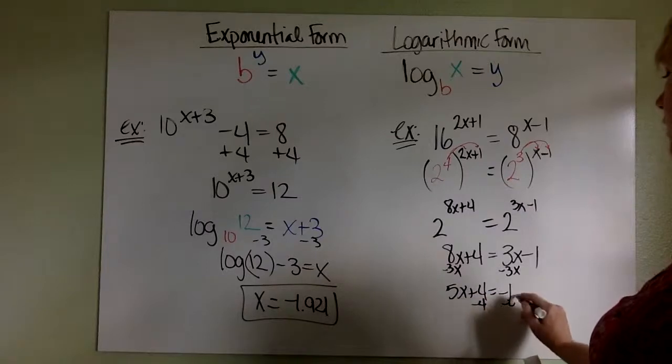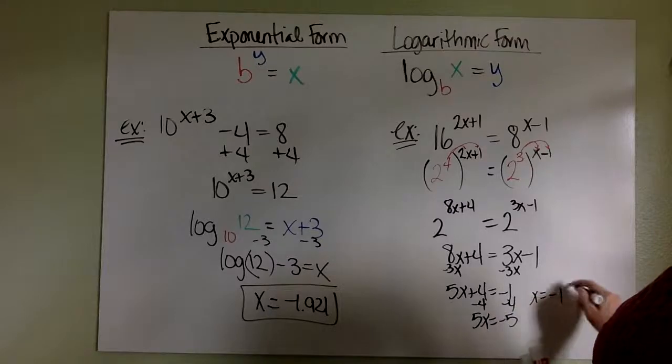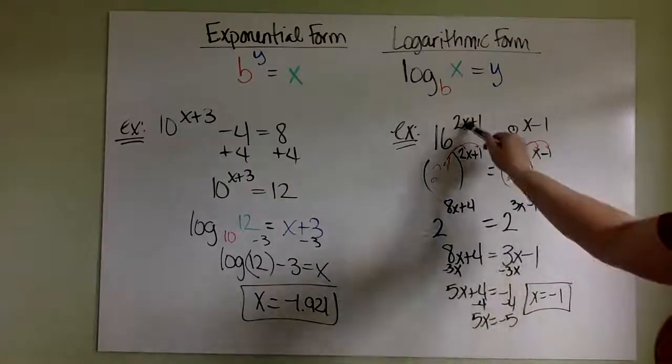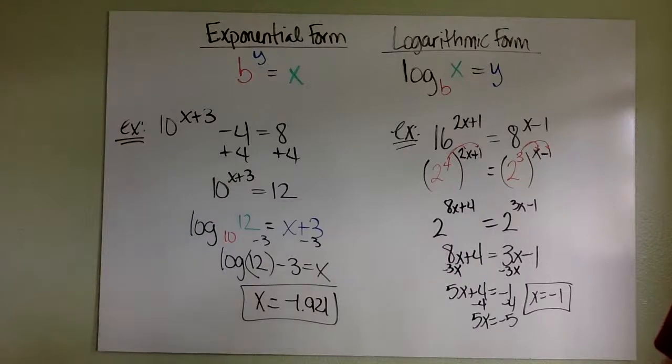Subtract the 4 from both sides. And I get x equal to negative 1. Your job then is to just double check that if you plugged it back in, the two things would in fact be equivalent, and they would. So that's how you solve questions on that back sheet number 22.